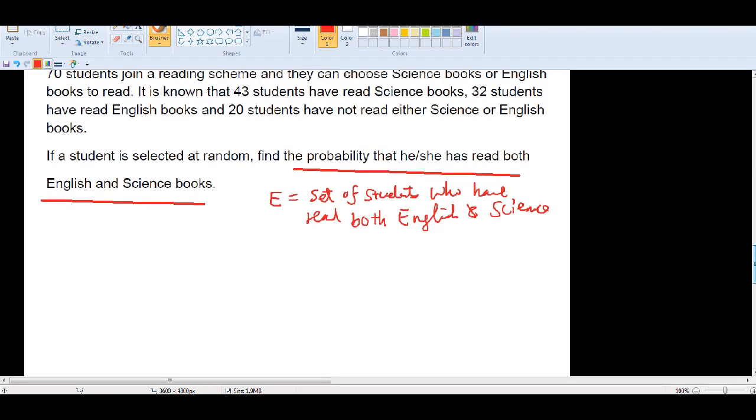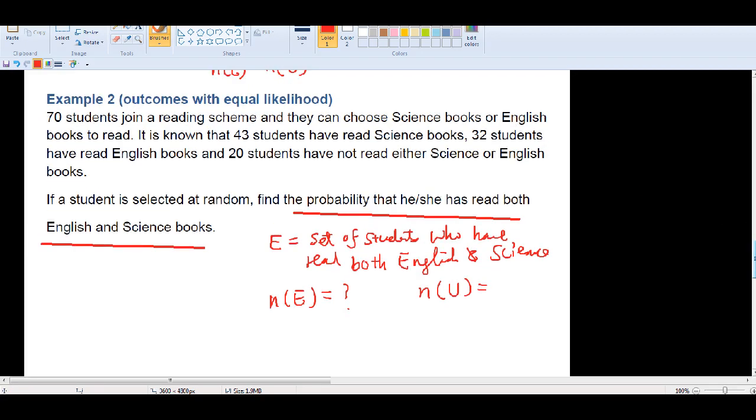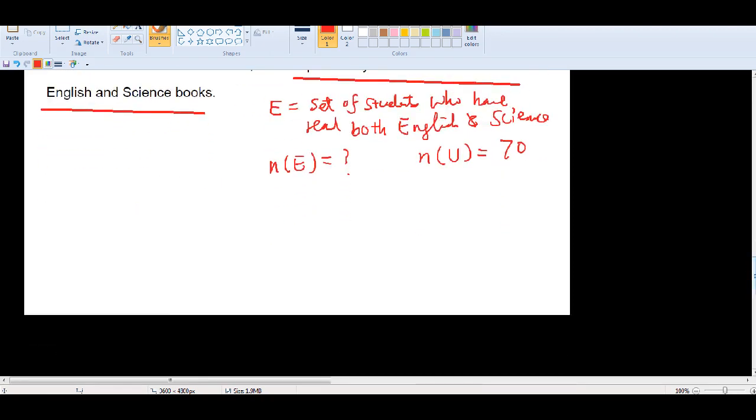That's the event, but how could we know how many of them? So you need to find NE. Of course, you already know the universal set will be 70 students, but you need to find the number of students who have done both.